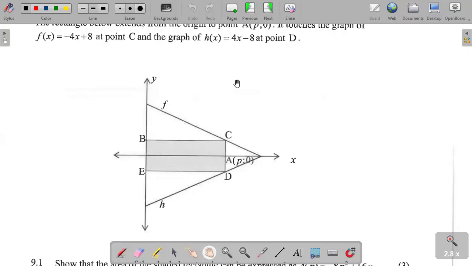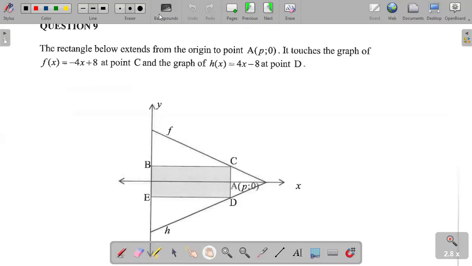So we have h of x, which is 4x minus 8. You can see it has a positive gradient, and negative 4x plus 8 has a negative gradient and a positive y-intercept, and this one has a negative y-intercept.